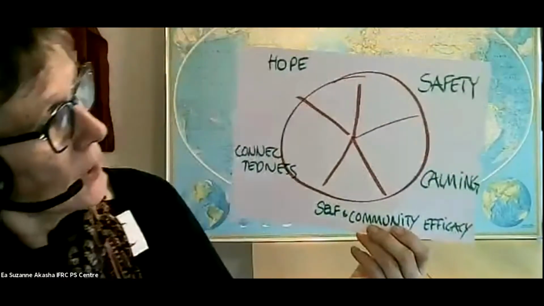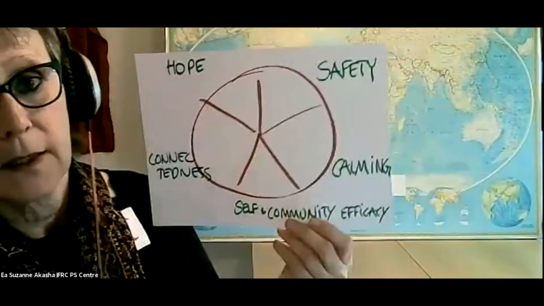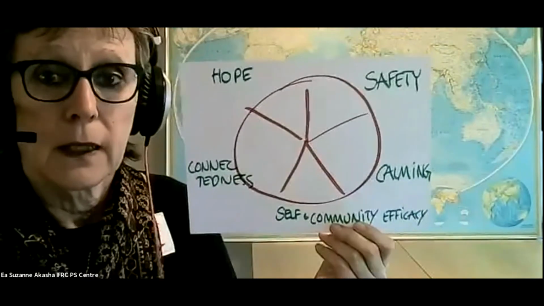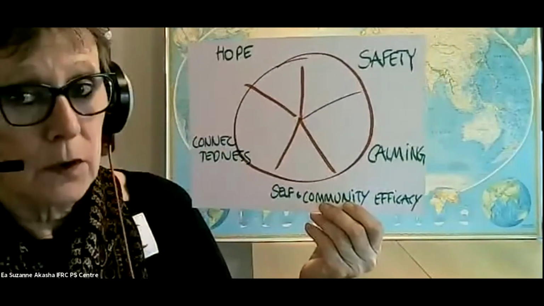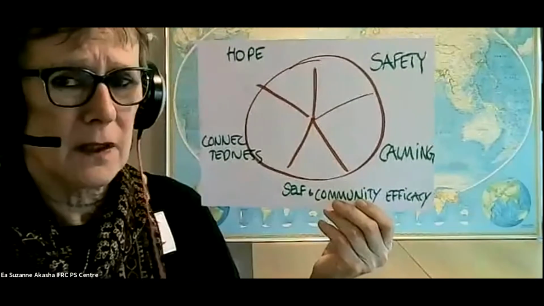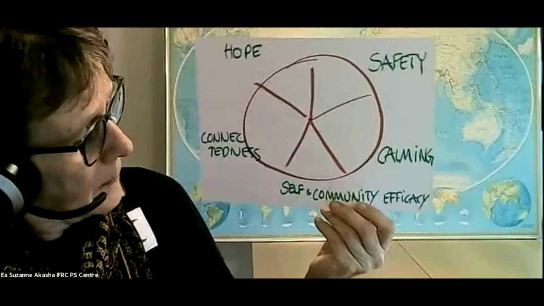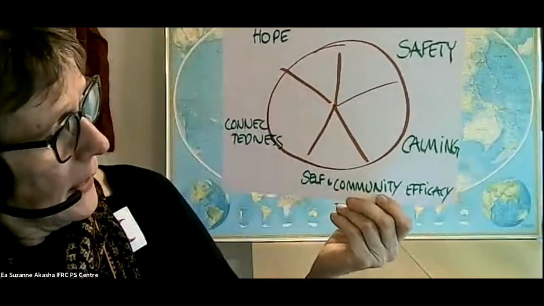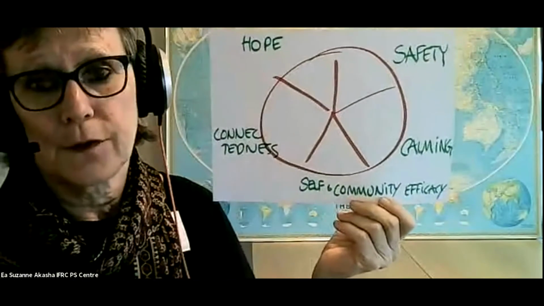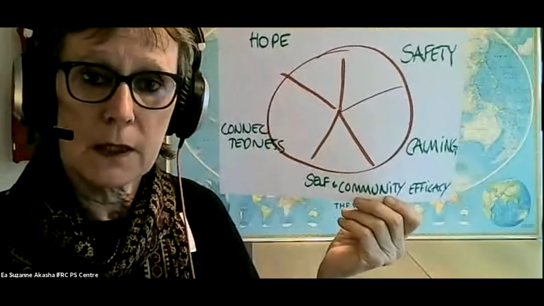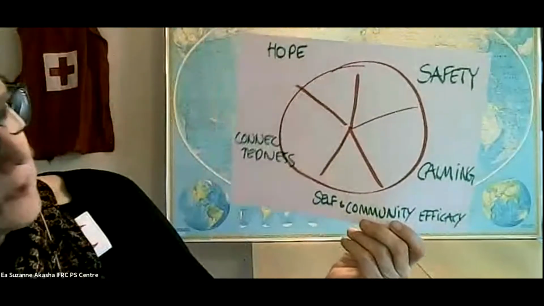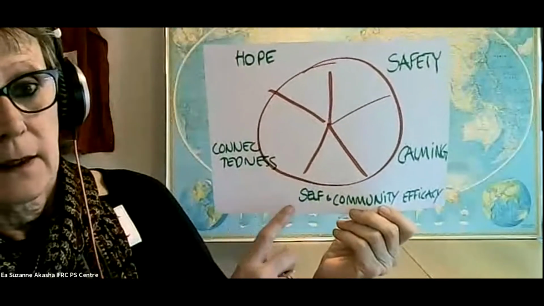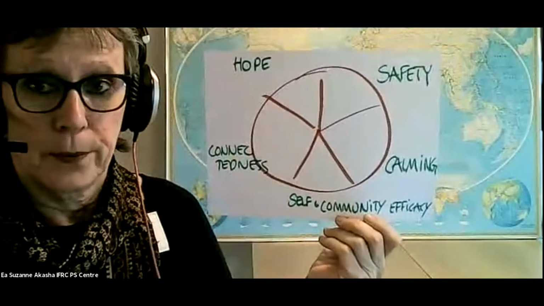Promoting a sense of safety is basic, number 1. The next one is being able to calm yourself and others. It's called calming. There's more to it than that. And then you have self and community efficacy and connectedness. And this all comes to hope.